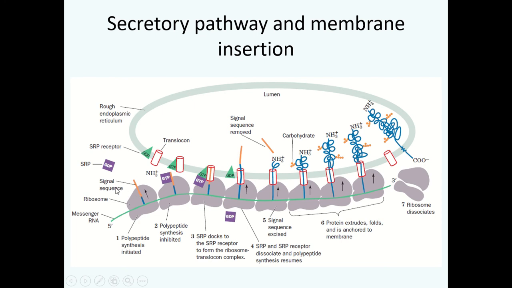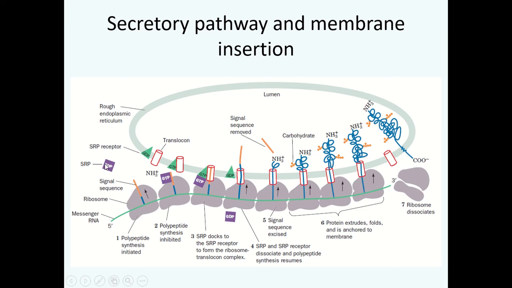Now there are these substances which are called the signal recognition particle, abbreviated as SRP. SRP is a complex which recognizes and binds to the signal sequence. The SRP particles are free in the cytoplasm of the cell, and they keep on searching newly synthesized proteins for the presence of signal peptides.